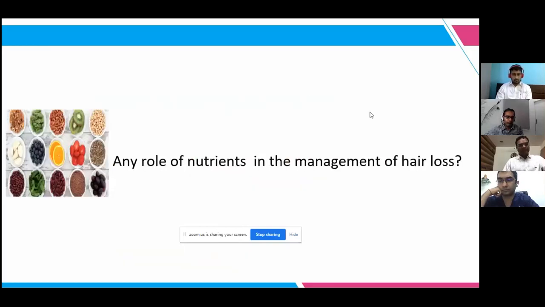So, any role of nutrients in the management of hair loss, Dr. Abhay? I would largely say yes. Most of our patients are given nutrients. Now, which nutrient deficiency is going to lead to AGA, and those calculations are a little difficult and the literature is sparse. But what we have observed is that adding nutrients, multi-nutrient combinations in the first 3 months of management has a little edge.